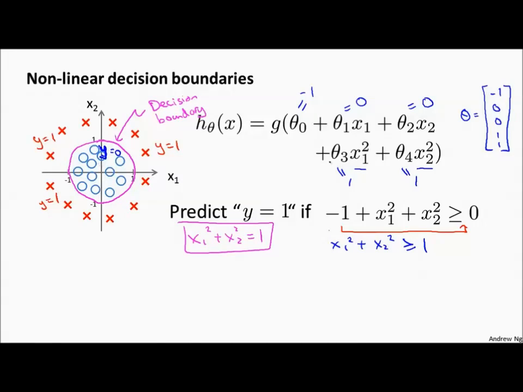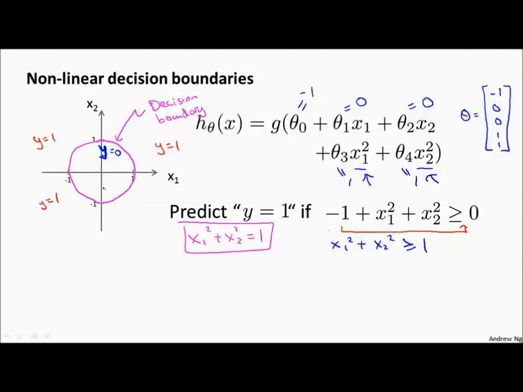So by adding these more complex polynomial terms to my features, I can get more complex decision boundaries that don't just try to separate the positive and negative examples with a straight line, but I can get, in this example, a decision boundary that's a circle. Once again, the decision boundary is a property not of the training set, but of the hypothesis and of the parameters.